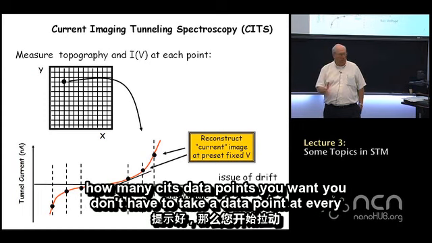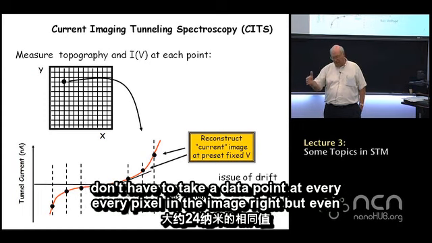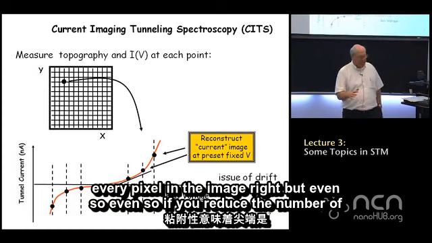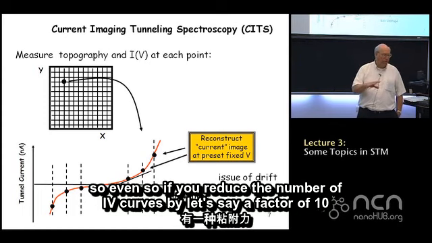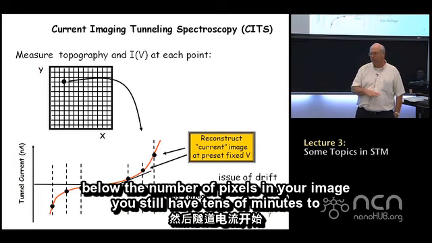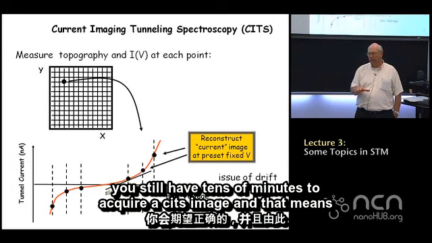You don't have to take a data point at every pixel in the image. But even if you reduce the number of IV curves by a factor of 10 below the number of pixels in your image, you still have tens of minutes to acquire a CITS image.